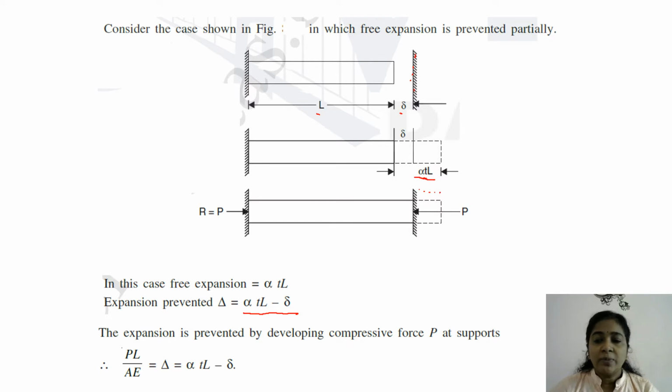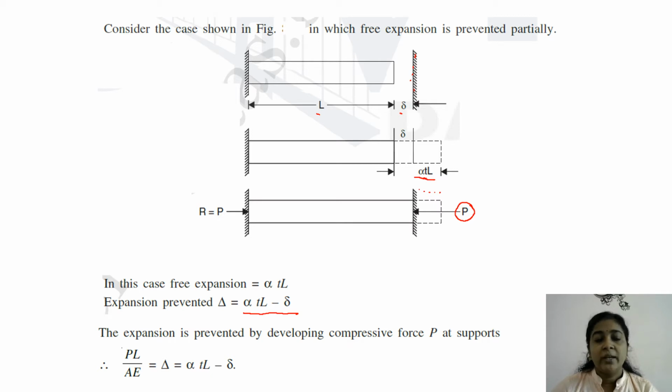Due to this prevention, stresses will be induced inside the bar, and the stress is caused by the force P, compressive in nature, because the length has to be decreased, and the magnitude of the force should be such that it provides a deformation equal to alpha TL minus delta.